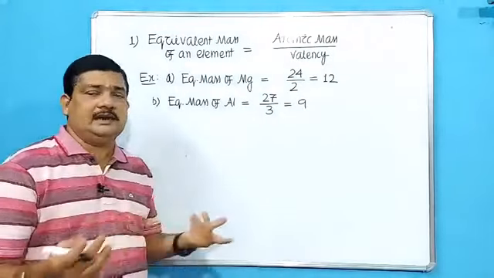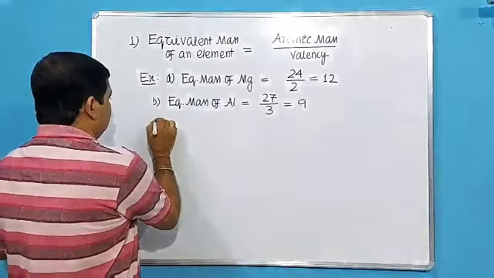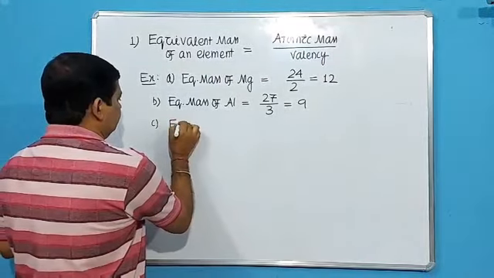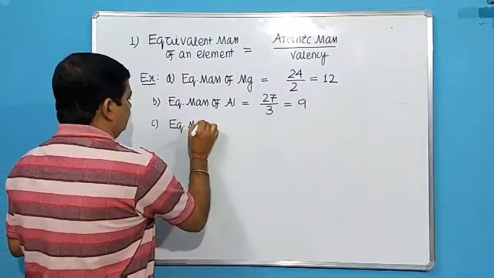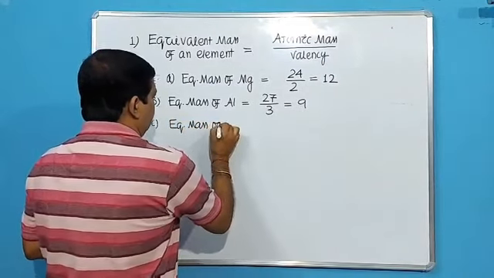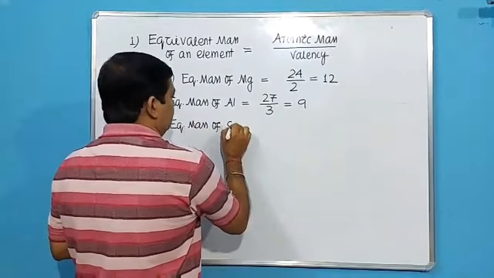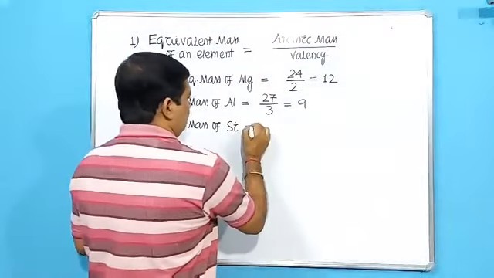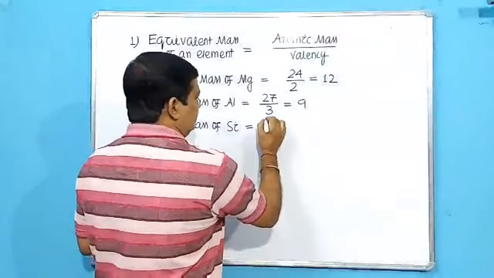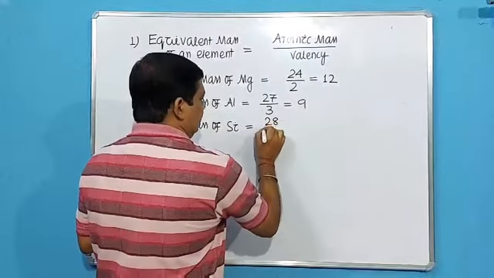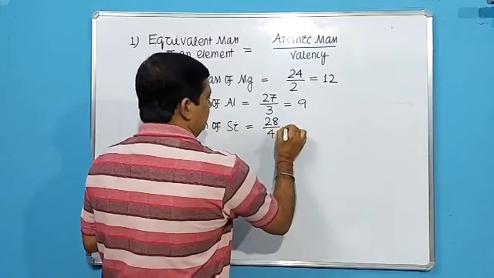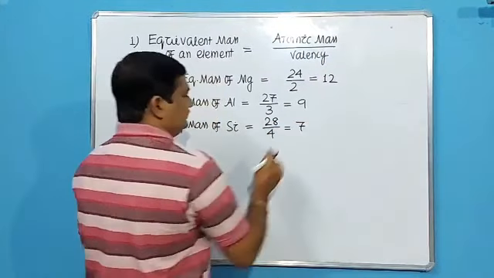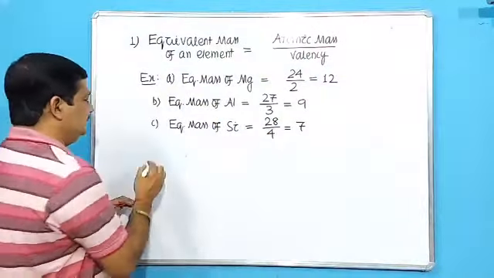You simply put in the formula and get the answer. Then the equivalent mass of silicon: atomic mass of silicon is 28 divided by valency of silicon, which is 4. So the equivalent mass of silicon will be 7.